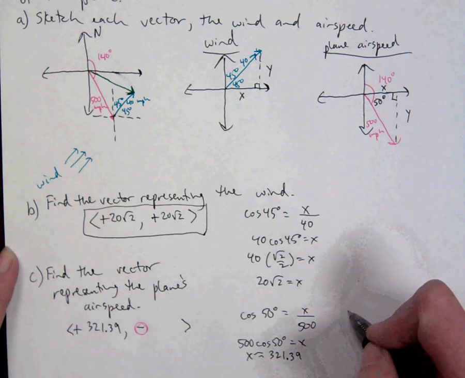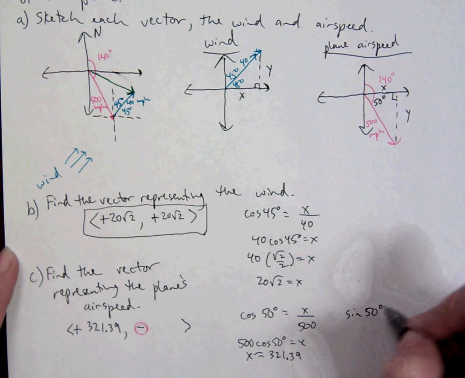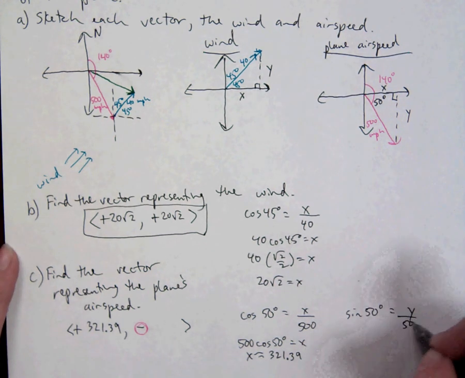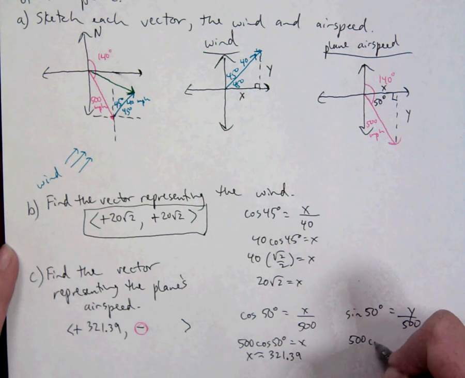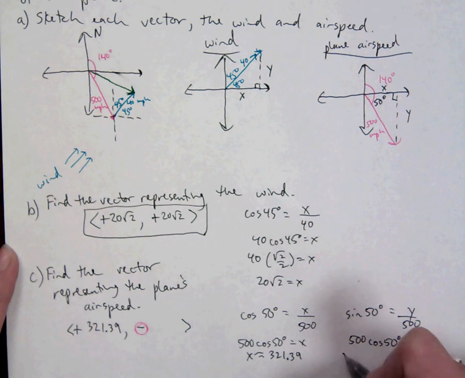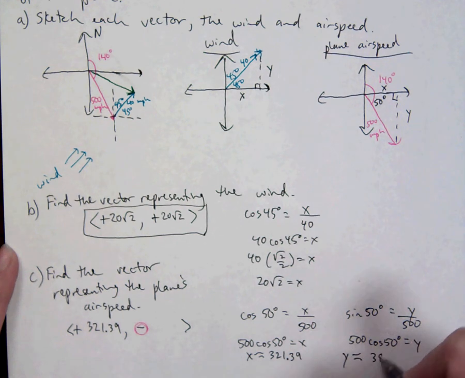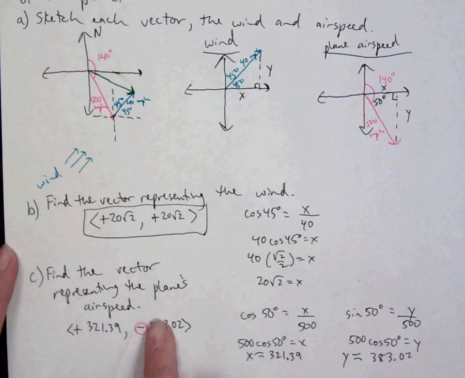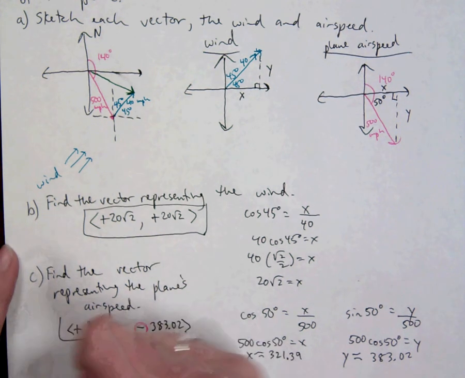When I do sine of 50, to find y, I'm going to do 500 sine 50 degrees in my calculator again. And my calculator is going to give me about 383.02.